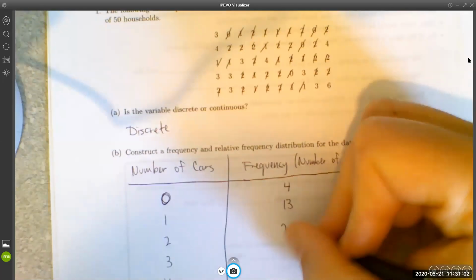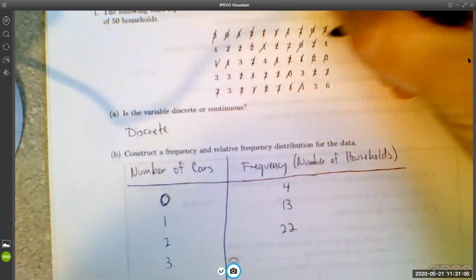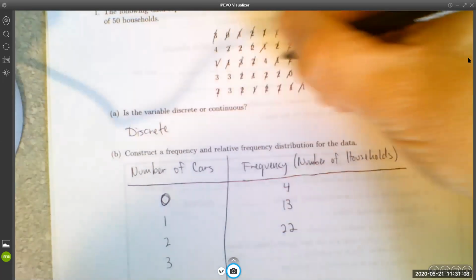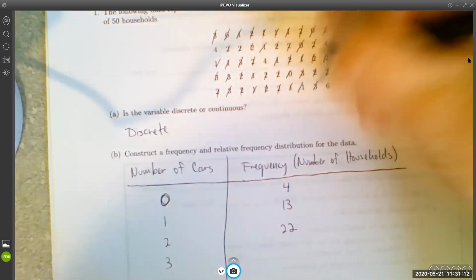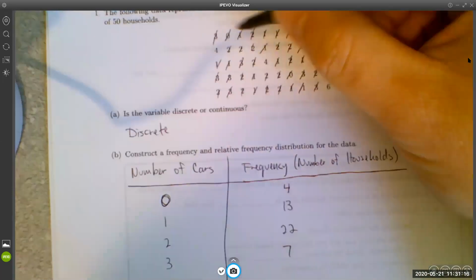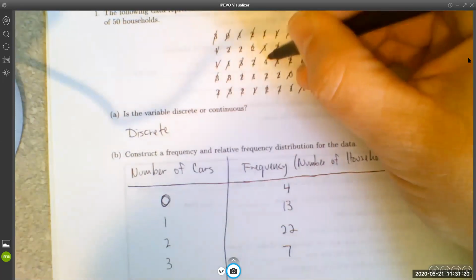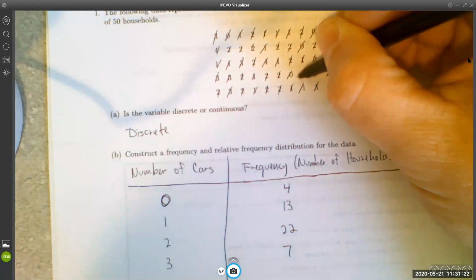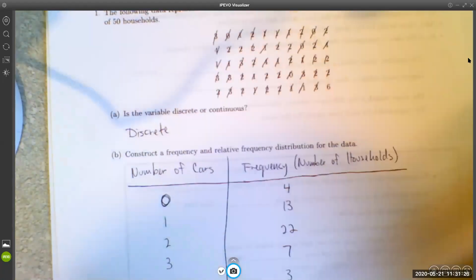So I think 22 households had 2 cars. I think 7 households had 3 cars. 3 households had 4 cars.